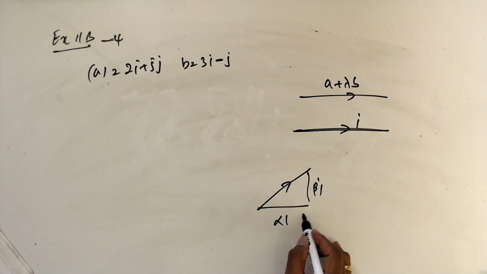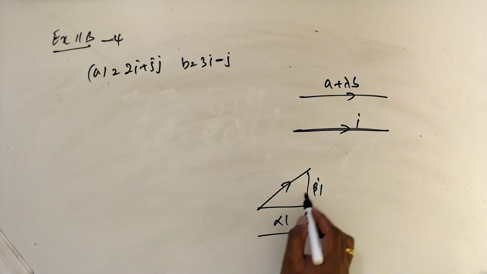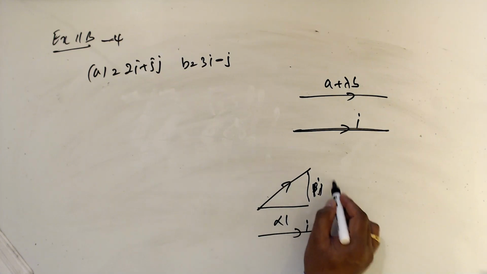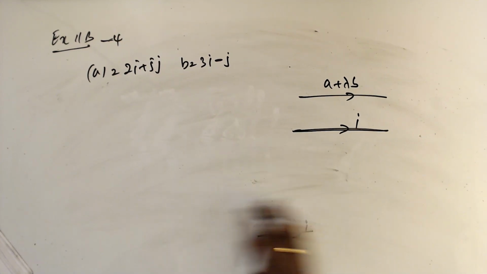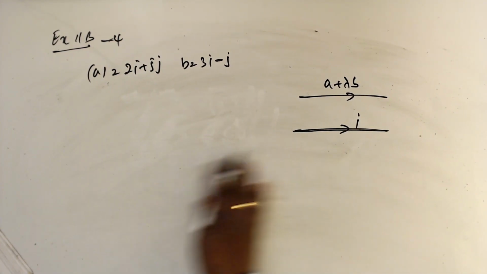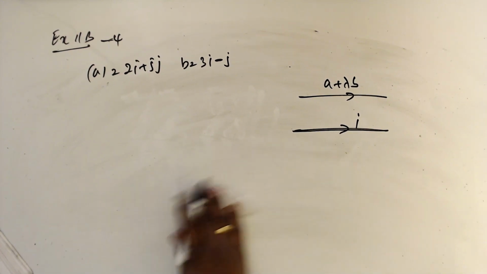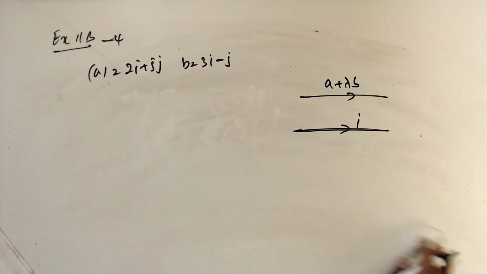But if it is parallel to i, then this beta j has to be 0. Then only it will become horizontal.